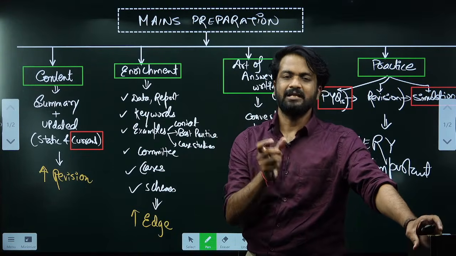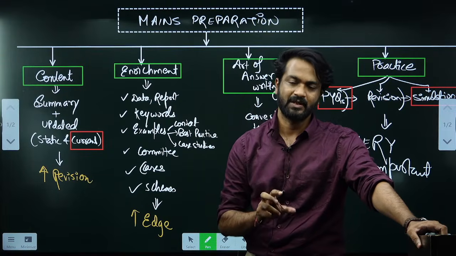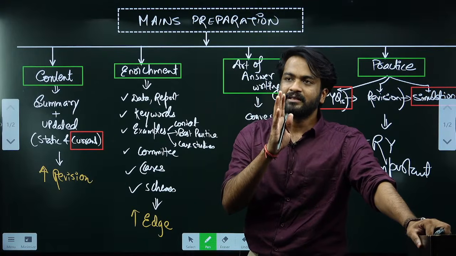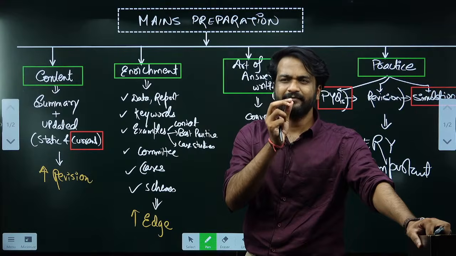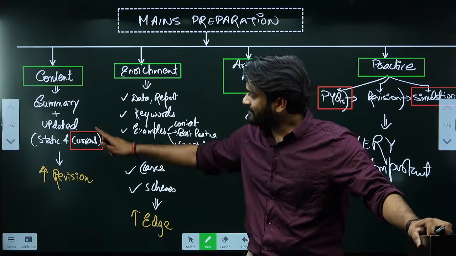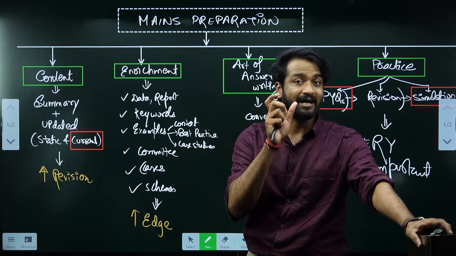Very precisely, you should have the mains notes or summaries with you, which you can revise multiple number of times. But we should not stop only at the main summaries. We should ensure that the main summaries are updated and they should include the current affairs part as well.